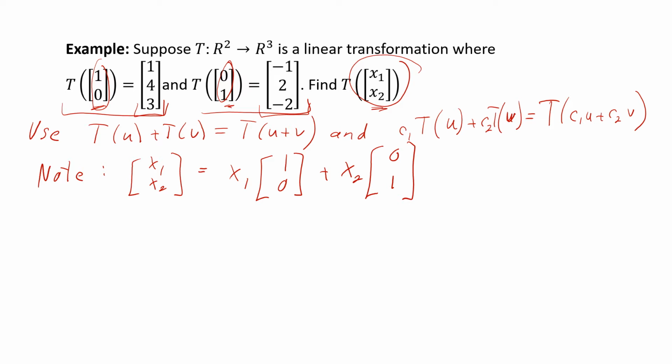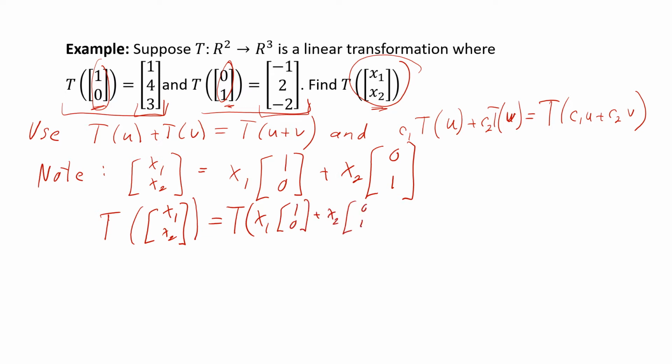Okay? Now, if those two things are equal, I can transform the entire thing. So the transformation of x1, x2 is equal to the transformation of x1 times 1, 0 plus x2 times 0, 1. I just took two things that were equal and transformed both of them.